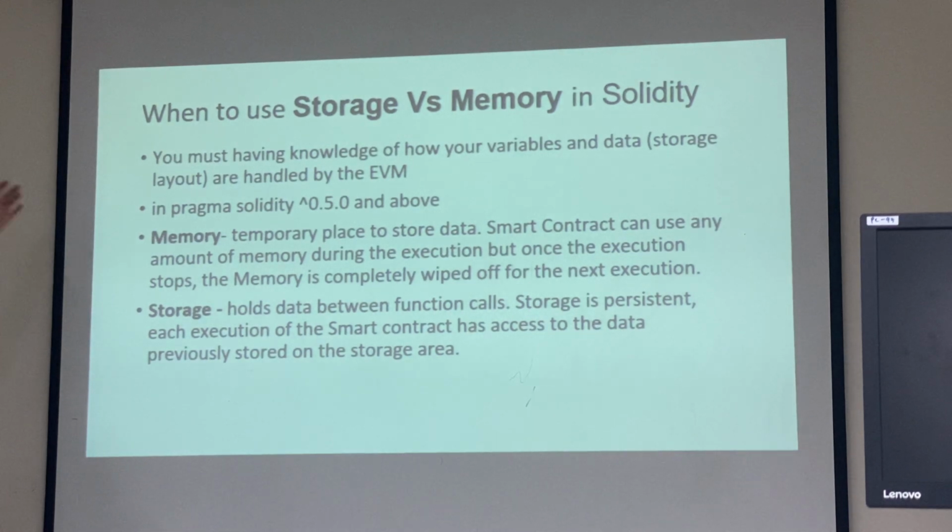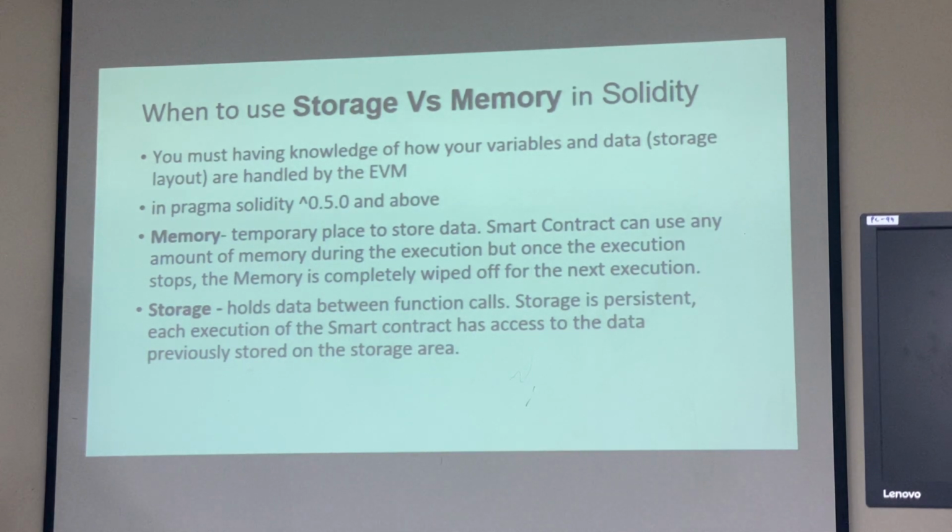If you define your memory location, it means you temporarily store the data inside the memory. The smart contract can use any amount of memory during execution, but once the execution stops, the memory is completely wiped off for the next execution.